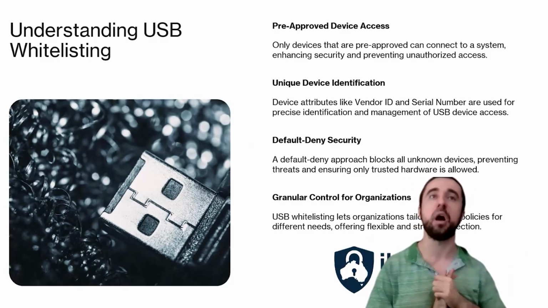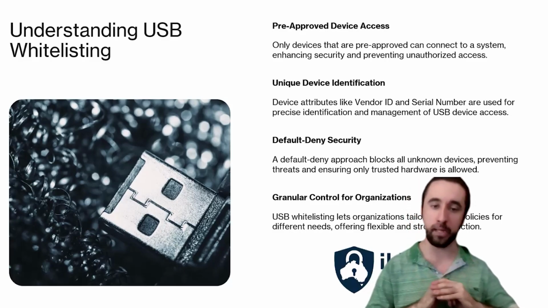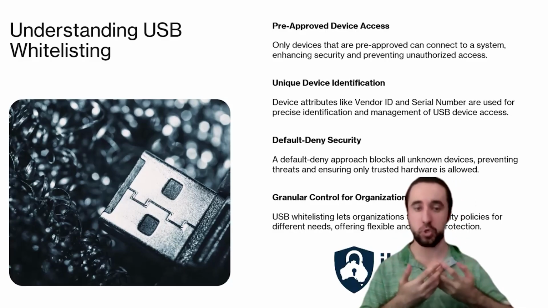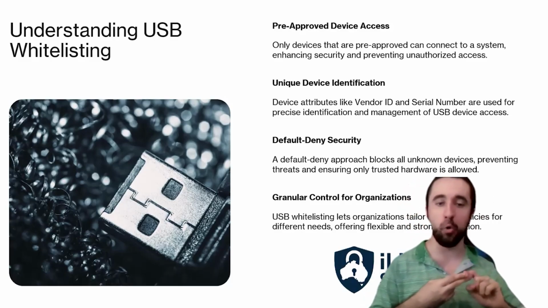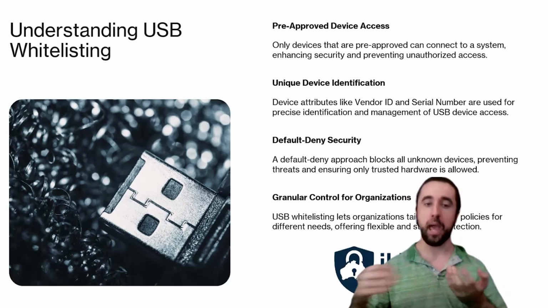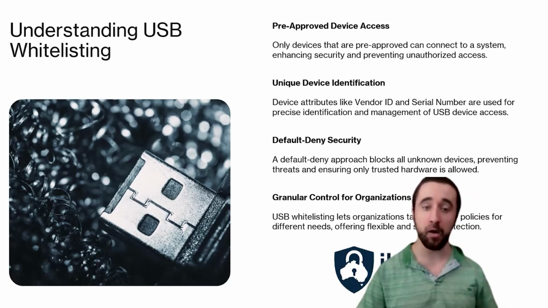All other devices are automatically blocked, and this is called a default deny posture. And most importantly, it gives granular control. So access can be tailored by department, role, or even individual users. And this simple concept provides a powerful layer of protection.